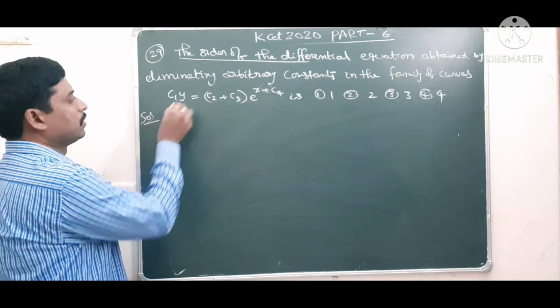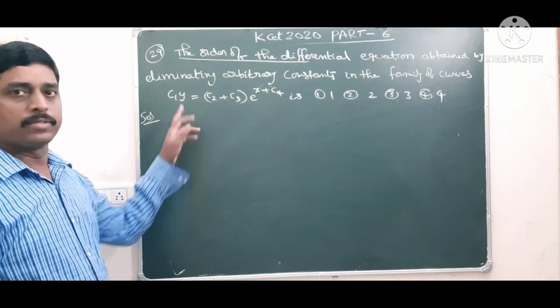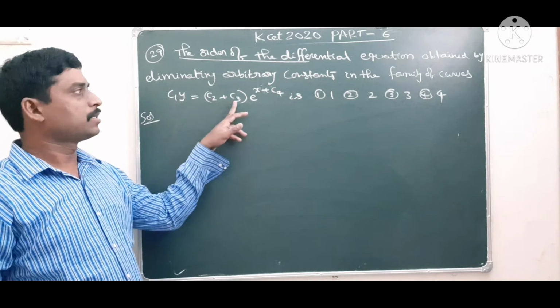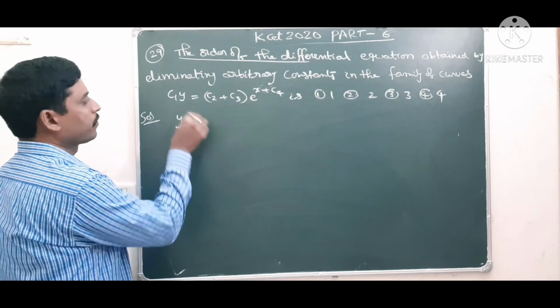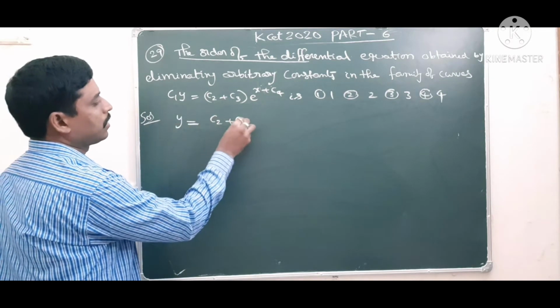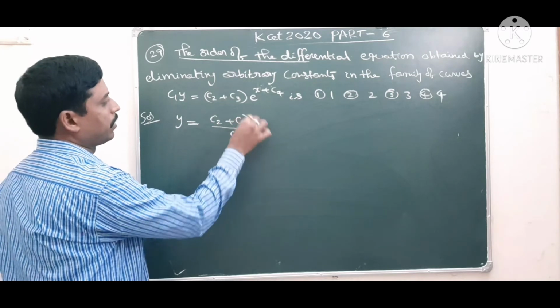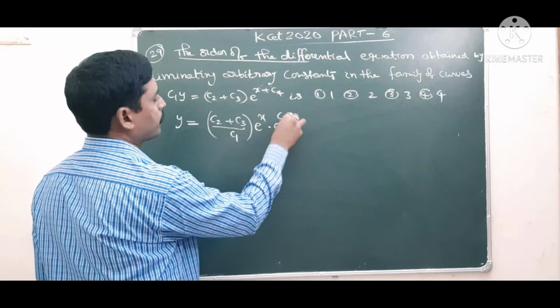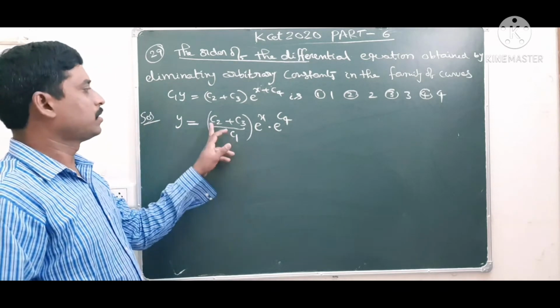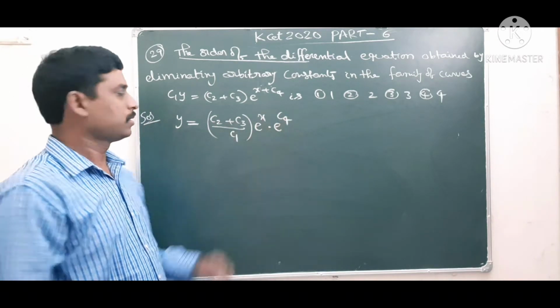Now, what is the given curve? C1y is equal to C2 plus C3 into e to the power x plus C4. So y is equal to C2 plus C3 by C1 into e to the power x into e to the power C4. So C1, C2, C3, C4 are constants.